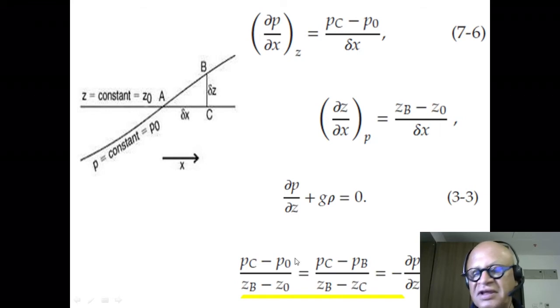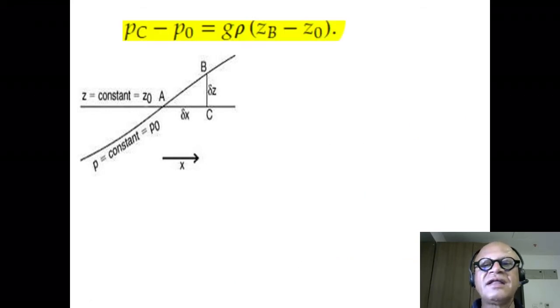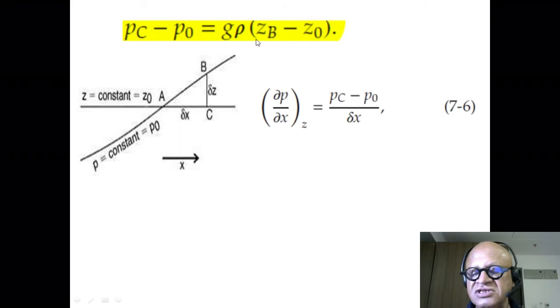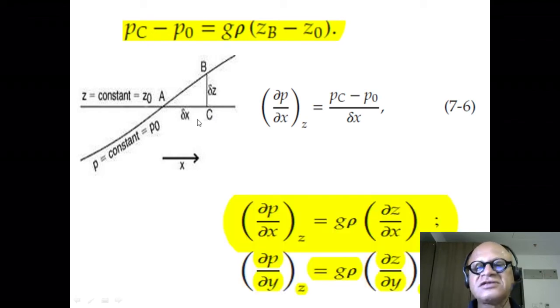Nonetheless, pc minus p0 just becomes g rho times zb minus z0. Okay, so dp dx is pc minus p0 divided by delta x. So dp dx is rho g dz dx, and dp dy is rho g dz dy.